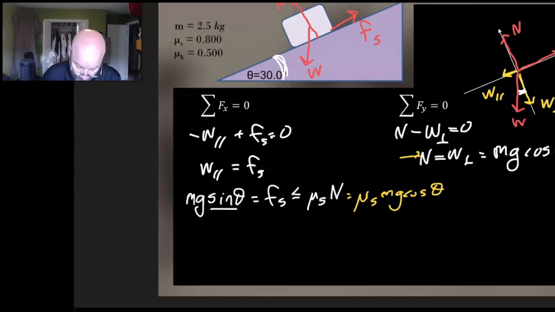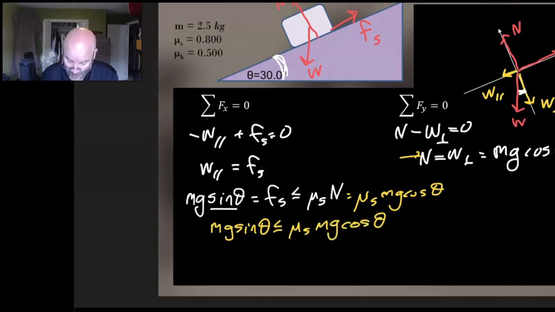Let me write it all in one line here. mg sine theta less than or equal to mu s mg cosine theta. And this is kind of cool. This is really interesting. The m's cancel and the g's cancel.